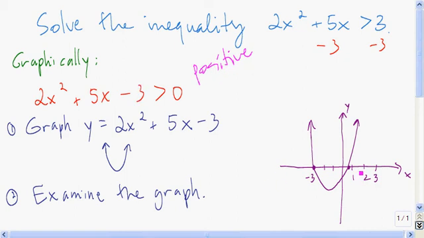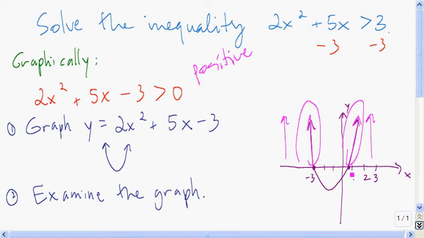Graphically, the outcome is positive for all the x values where the graph is above the x-axis, because above the x-axis means positive y values. So the solution is all of the x values that correspond to this part of the graph and this part of the graph.